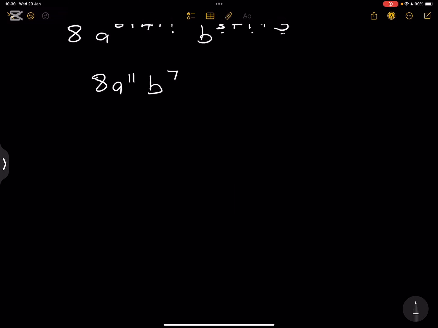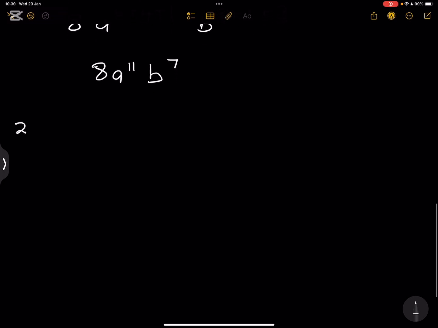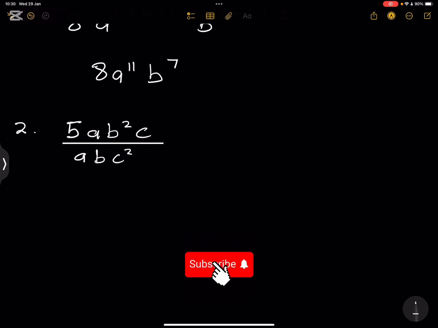And now let's have a look at the second one. So what did we have over there? We had 5 a b squared c, and we divided these by a b c squared, all of that raised to the power of 2.